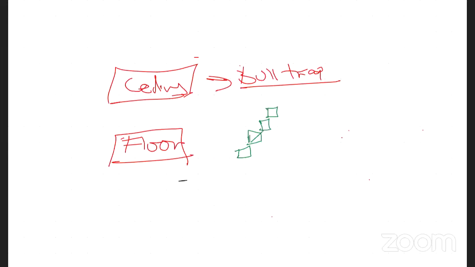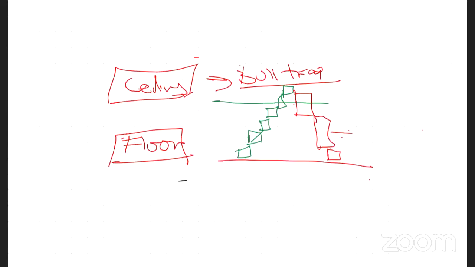And it maybe breaks your resistance to around here. And then what happens is that the market later starts forming green candles. It's called a bull trap, and it goes back from where it came from. This is called a bull trap.